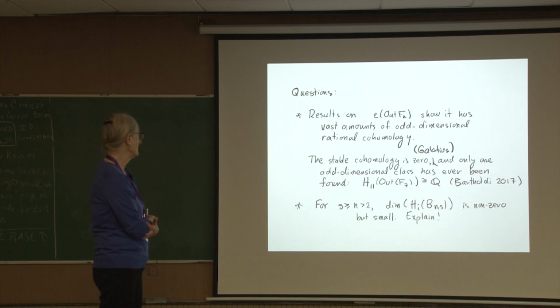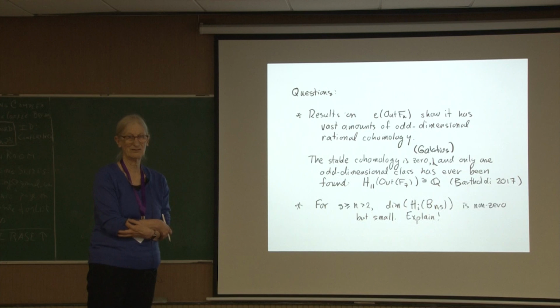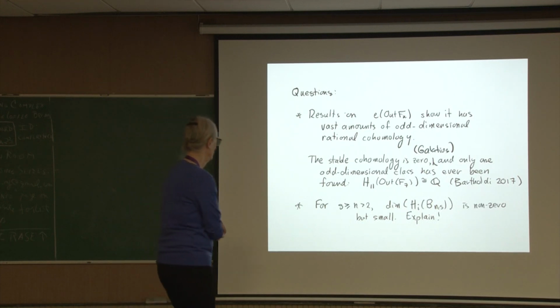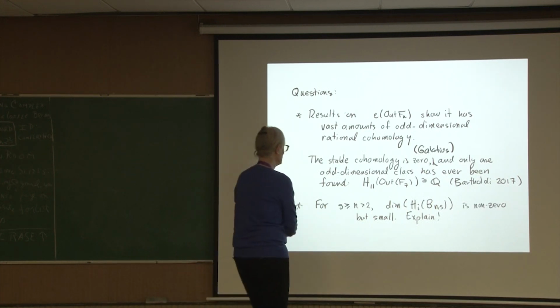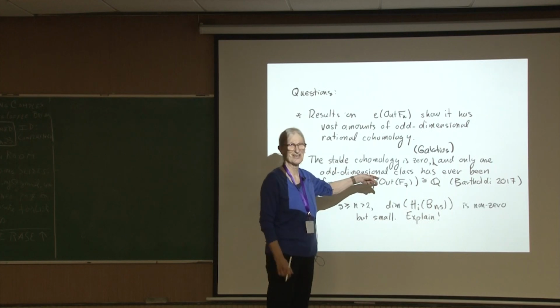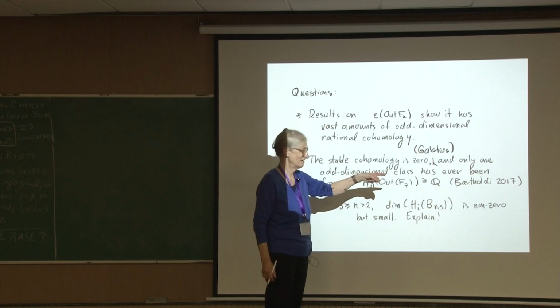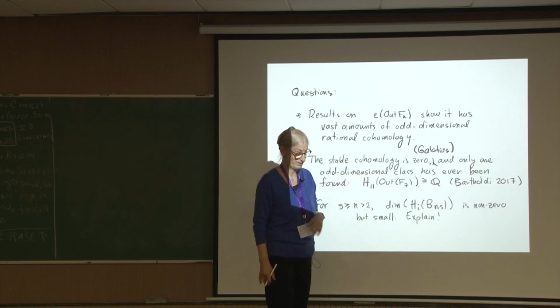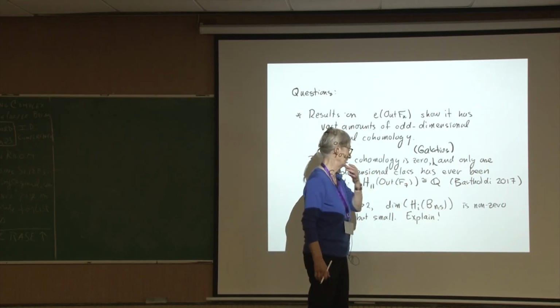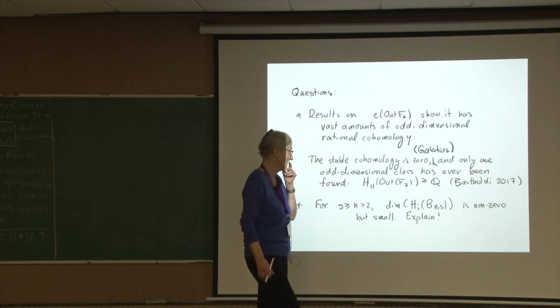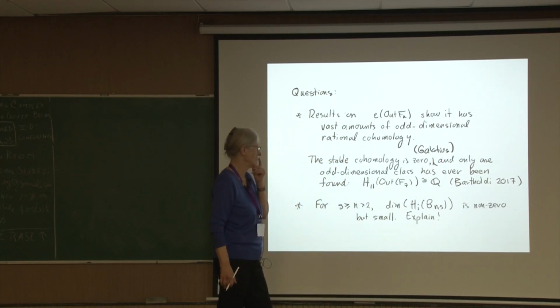So there's no cohomology in large dimensions. And in fact, only one odd-dimensional class has ever been found in the cohomology of Out(Fn), and that's in H11 of Out(F7). That was done by a huge computer calculation by Laurent Bartholdi in 2017, using a huge amount of computer time and a lot of clever ideas to reduce the calculation to something manageable.